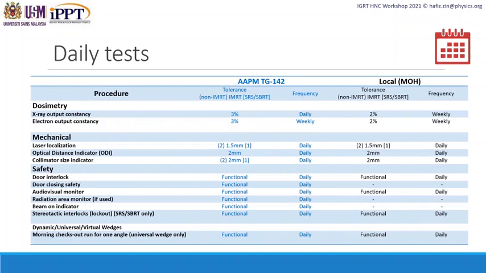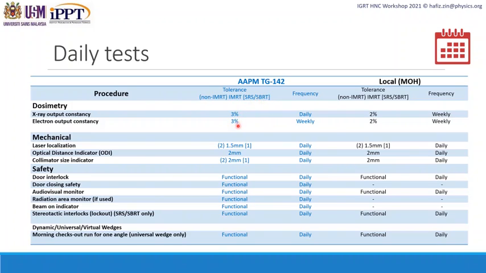These are the list of the daily tests performed for the dosimetry aspects, mechanical aspects, as well as the safety aspects of the linac. So you can see here the tolerance value acceptable for non-IMRT system, or the IMRT system, or the stereotactic or stereotactic body radiation therapy system.